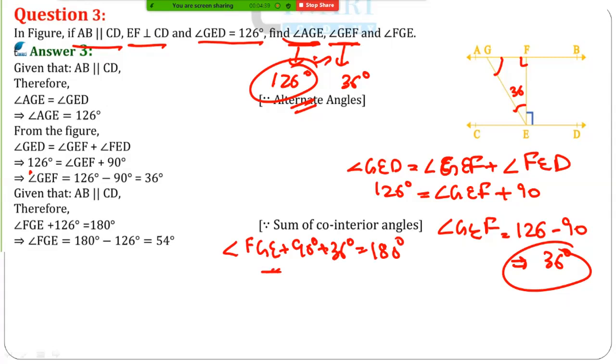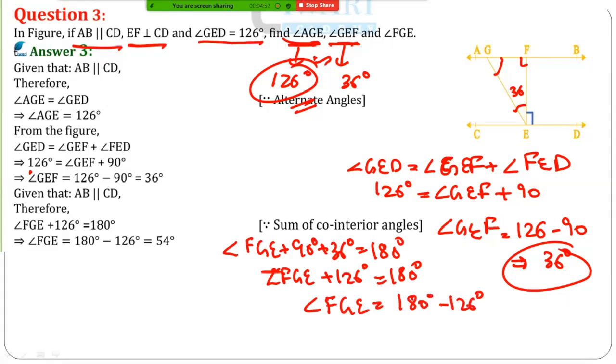So the value of angle FGE is equal to 180 degrees minus 126 degrees, that is equal to 54 degrees. So you will obtain the value to be 54 degrees, which is the required answer. So FGE is equal to 54 degrees.